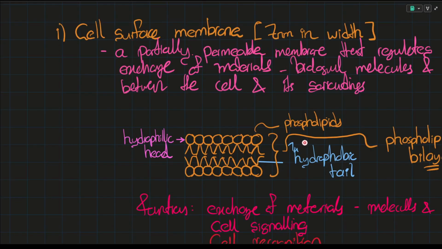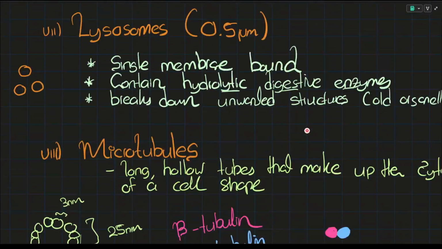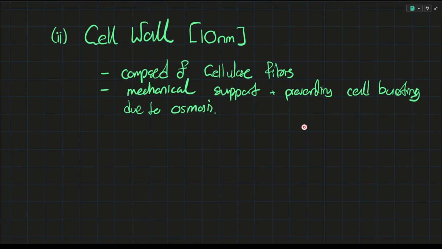The cell surface membrane is only a partially permeable membrane. Remember, but the cell wall is not partially permeable. It's completely permeable. Cell wall is a fully permeable membrane.